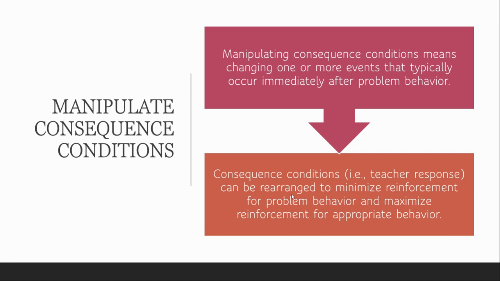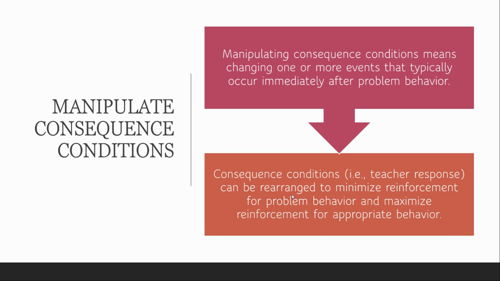So in that case, you can change the consequence that happens when a student demonstrates a problem behavior. Those consequence conditions could be teacher response, planned ignore, whatever consequence the teacher had been using when a behavior occurs, that can be adjusted.